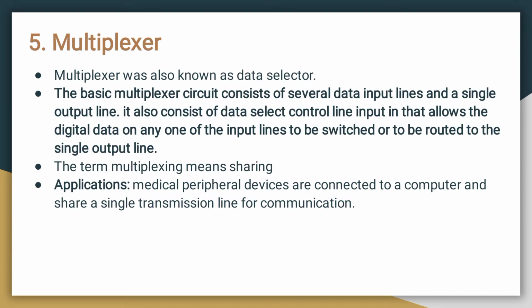Next one is the multiplexer. A multiplexer is also known as a data selector, so it selects from a series of inputs. The basic multiplexer circuit consists of several data input lines and a single output line.